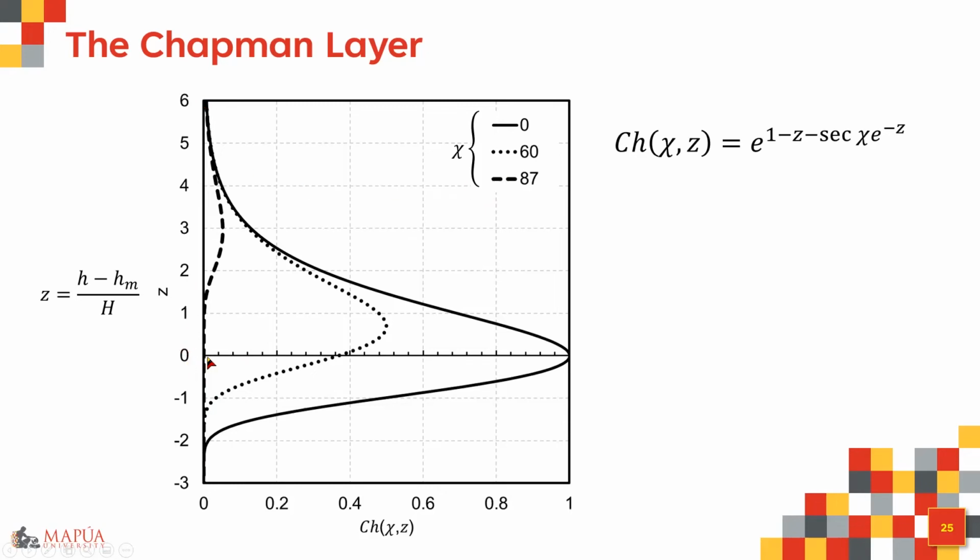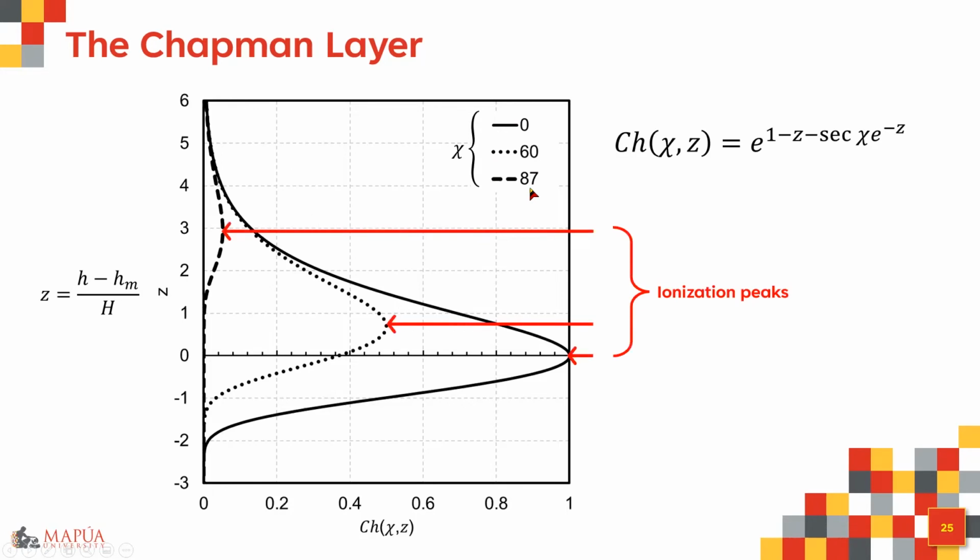Z0, as I mentioned earlier, is where you can locate the maximum ionization that can be formed. At different zenith angles chi, you can identify the ionization peaks.